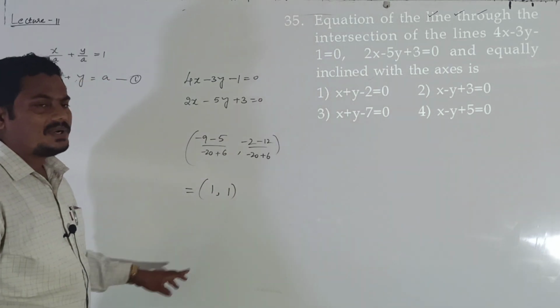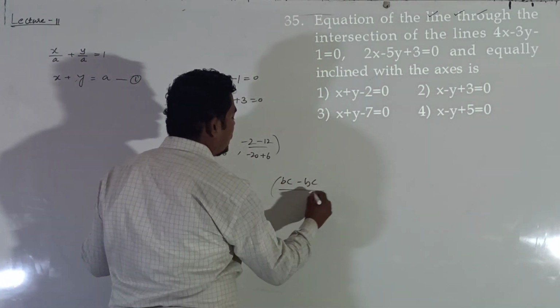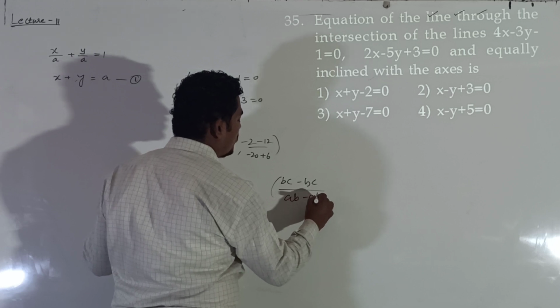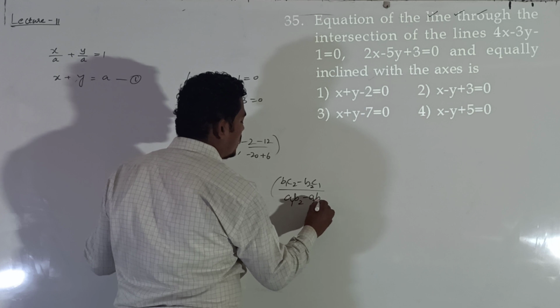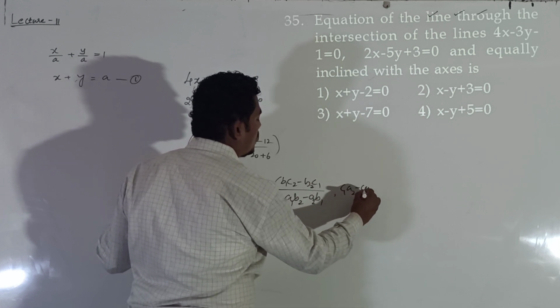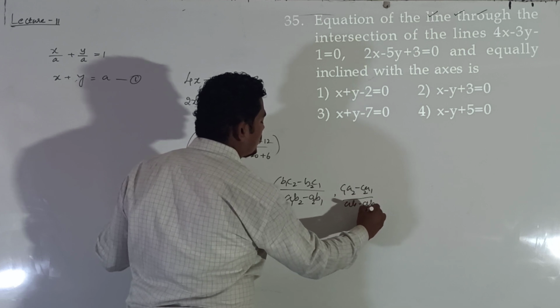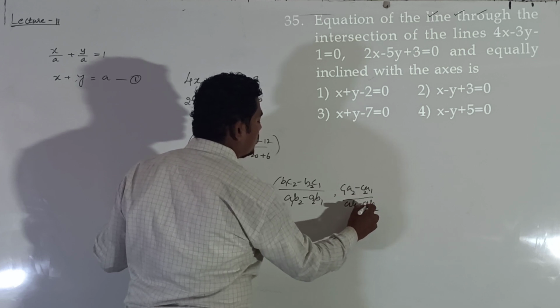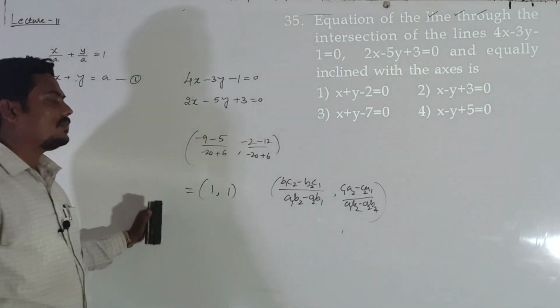Directly we get the point of intersection. That is the formula: BC minus BC divided by AB minus AB, in the order 1 2 2 1 for the x coordinate. For the y coordinate, CA minus CA in order 1 2 2 1, divided by AB minus AB, again 1 2 2 1. By using this formula we get the point.